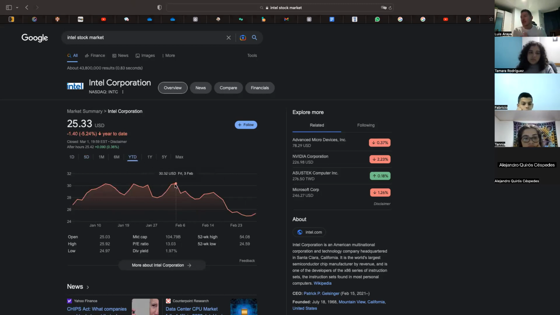And for example, here, you see? So this is year to date, meaning from January the 1st until right now. So the best time has been February the 3rd, when every share was $30. After that, it has been decreasing. It increased a little bit, but it decreased a lot, and now it's trying to increase a little bit, but just a little.